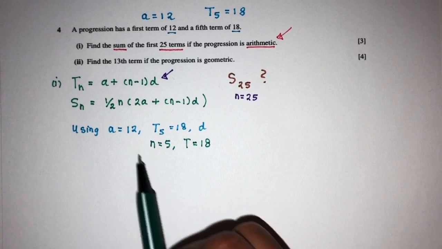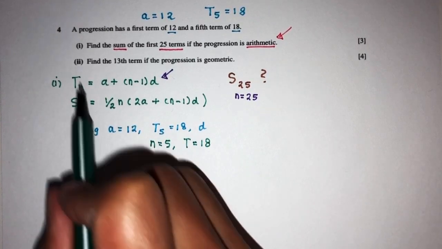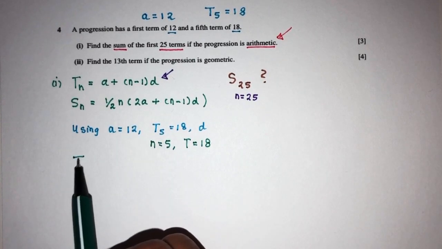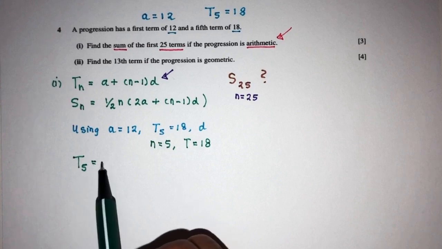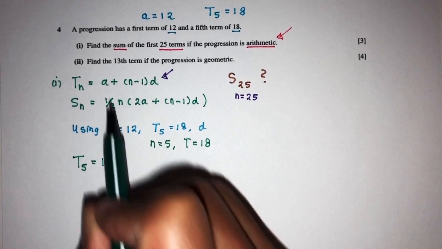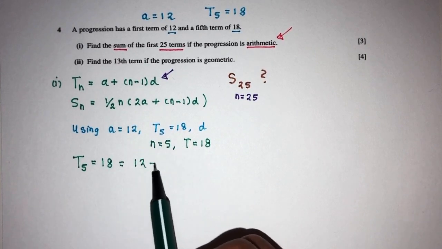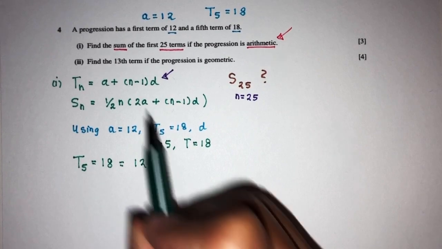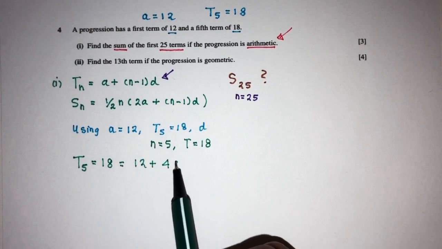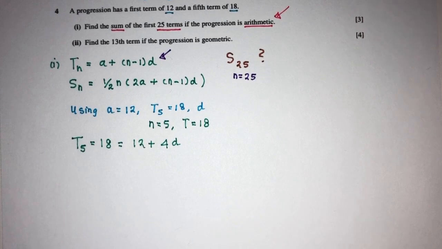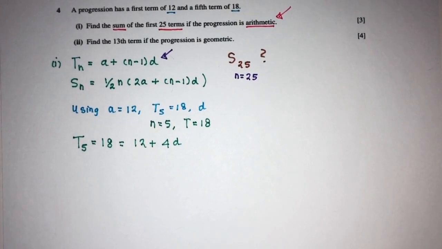So let's replace this back in the main equation. Here we have t5, which is 18, equal to a, which is 12, plus n, which is 5, minus 1, which is 4, times d.